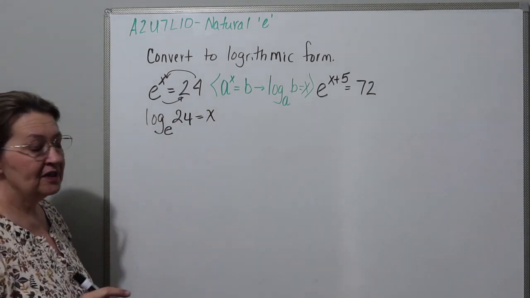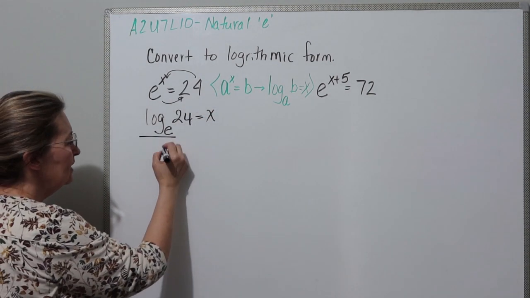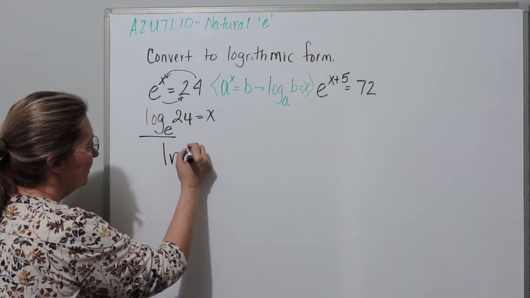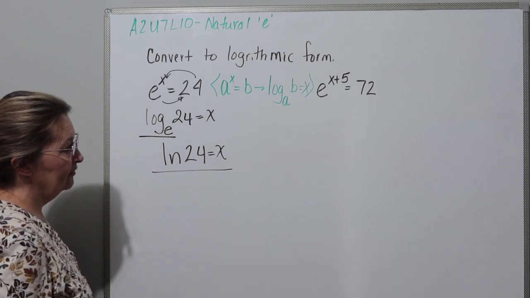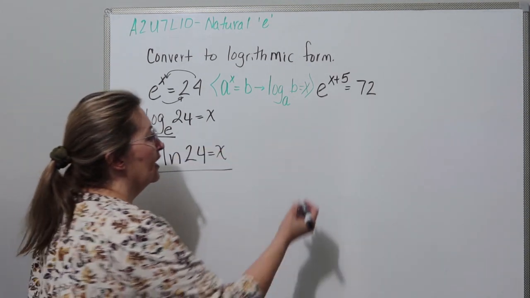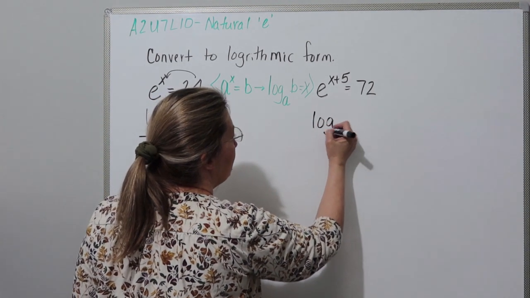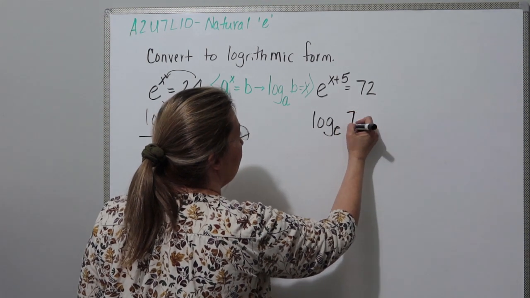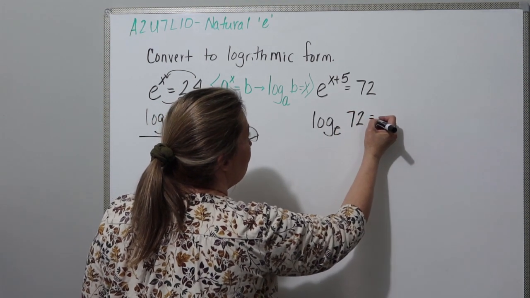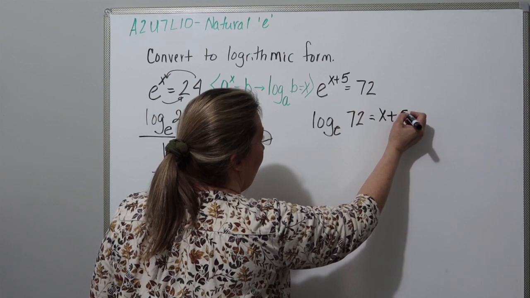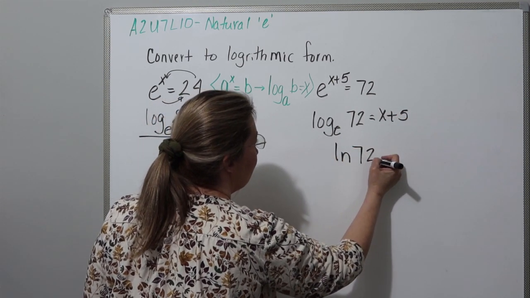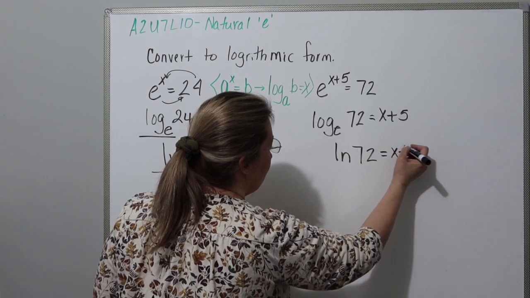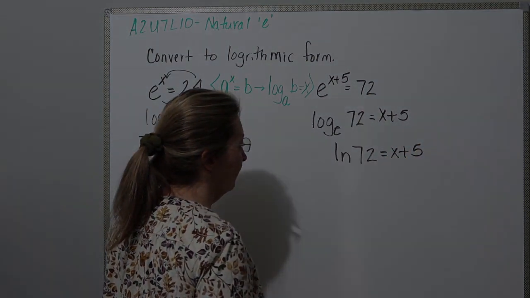Only one more step this time, because log e, we're going to write that as ln 24 equals x. Okay, over here, same thing. Log base e of 72 equals x plus 5. So this would be ln 72 equals x plus 5.